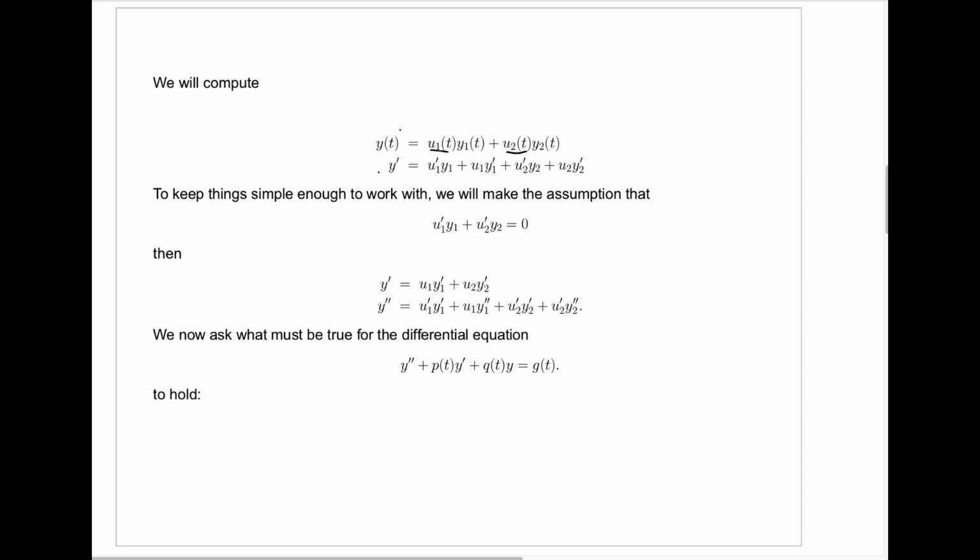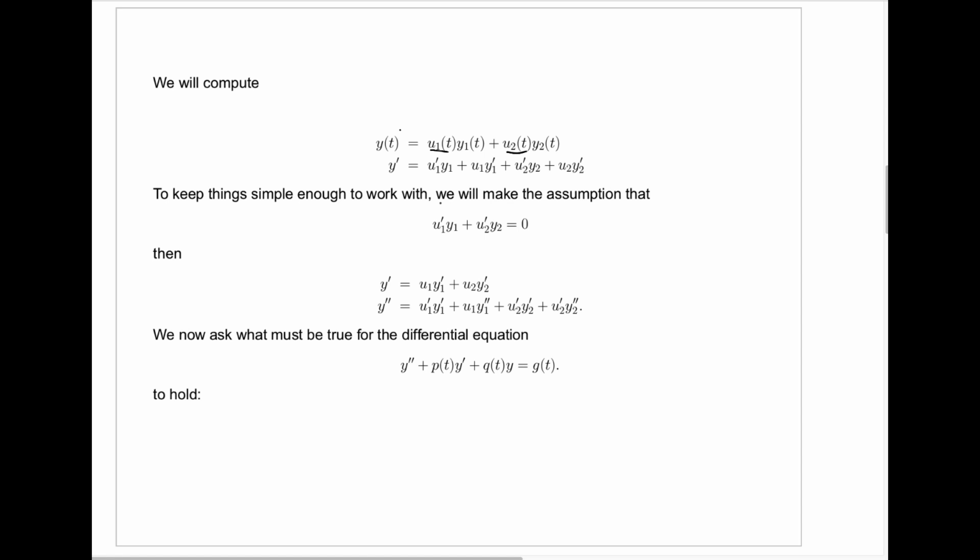So we compute y prime using the product rule. We get u1 prime y1 plus u1 y1 prime. Then using the product rule over here, u2 prime y2 plus u2 y2 prime. Now this already has 4 terms. When I go to compute y double prime, we would have 8 terms. It would get really messy and something very difficult to work with. It's not just that it's messy, it would be something we couldn't deal with much.